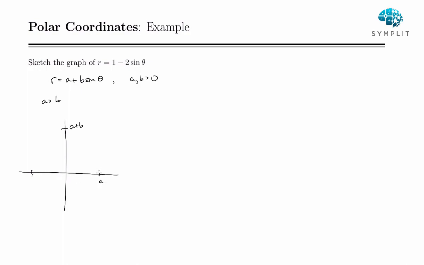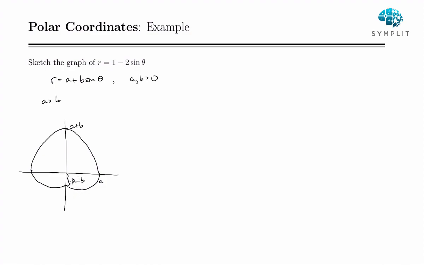And it kind of loops around, hits this point, comes around, and then gets a little dimple right there. And this point here, actually, the distance from the origin to that is a minus b.